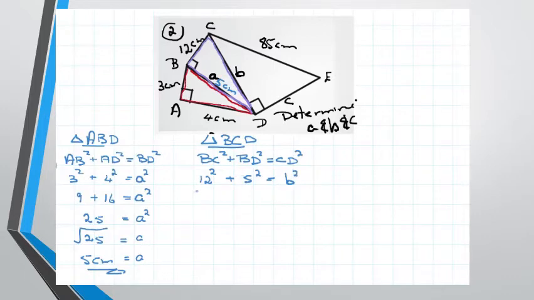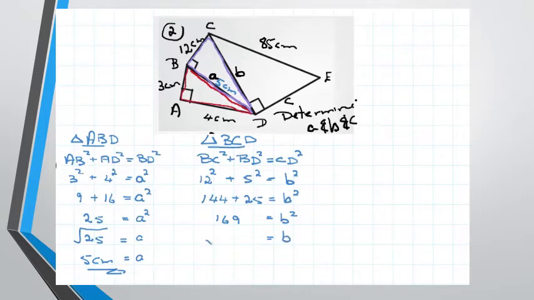So therefore 12 square going to leave me with a value of 144 plus 5 squared to be 25 equal to CD square. 144 plus 25 going to give me a value of 169 equal CD square. One term left, one term right. Remove the square on the right hand side.